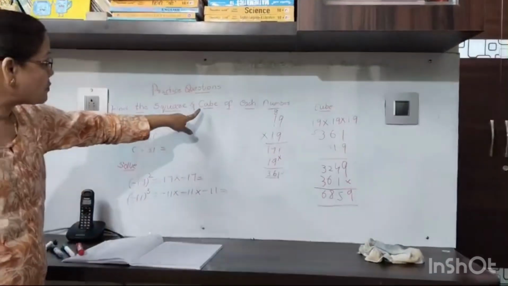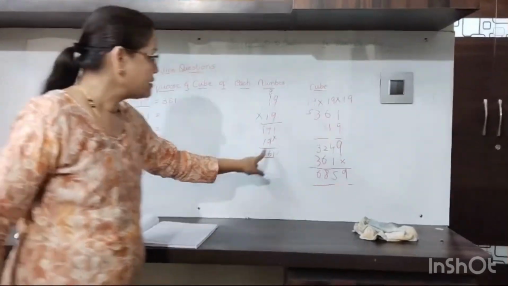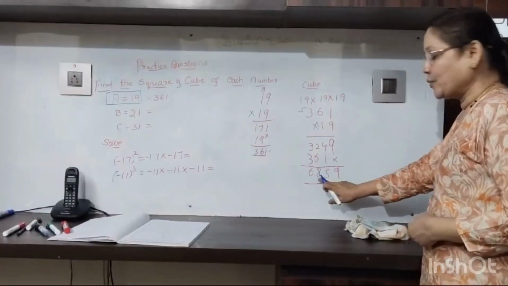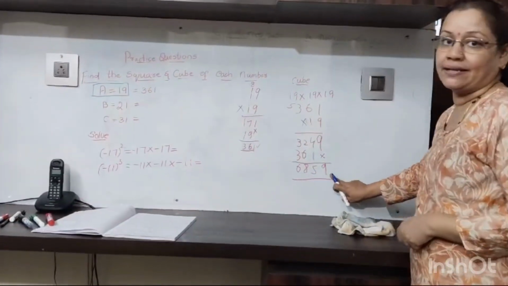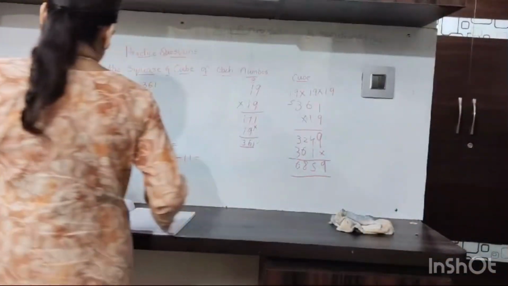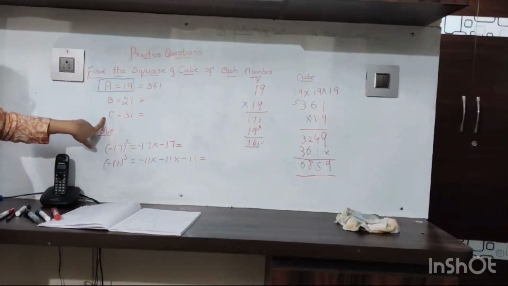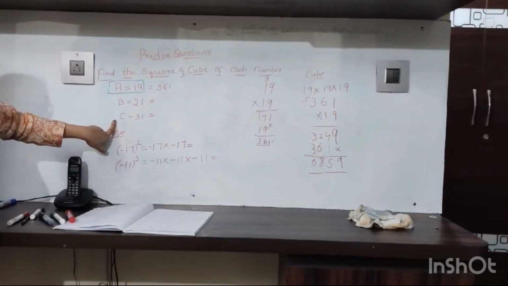To find the cube of the same number, you got the answer as 361, right? Multiply it with 19 again. You get the answer as 6859. Understood, children? The next one is B is equal to 21. One more number is 31. You work it out and tell me the answer in the comment section.